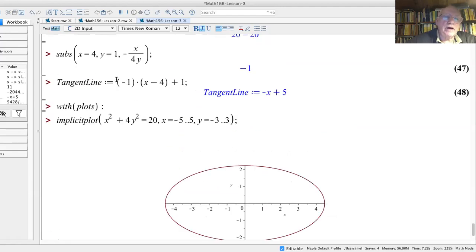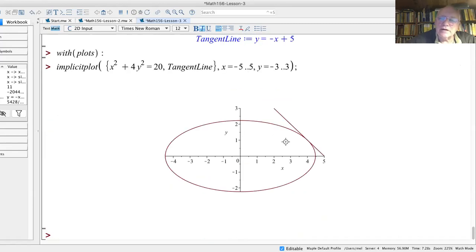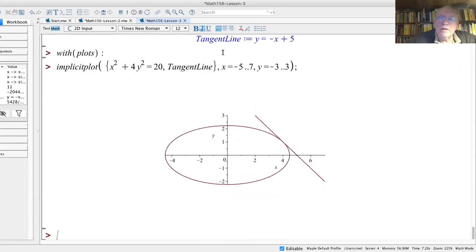That's this graph. And on this graph, I want to also graph this tangent line. So if I'm going to plot the two of them together, I have my ellipse and the equation of the tangent line. Well, I should have it in the form y equals. Fantastic. So here you can really see what's going on.